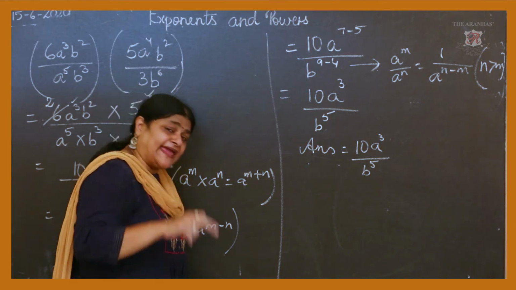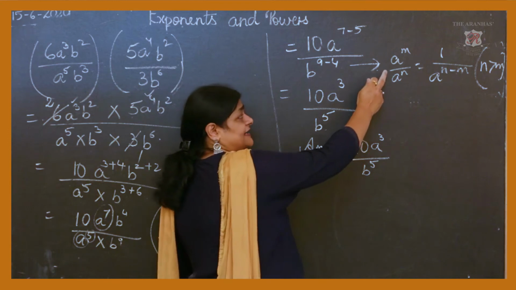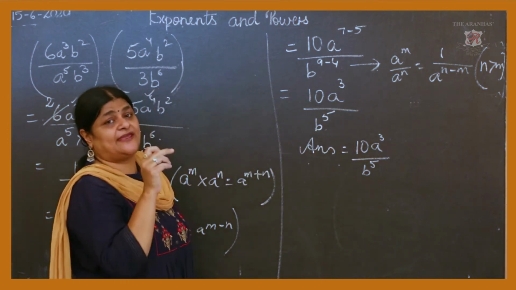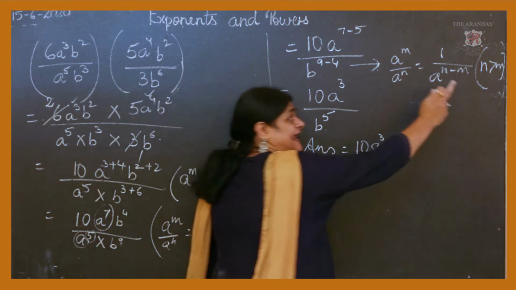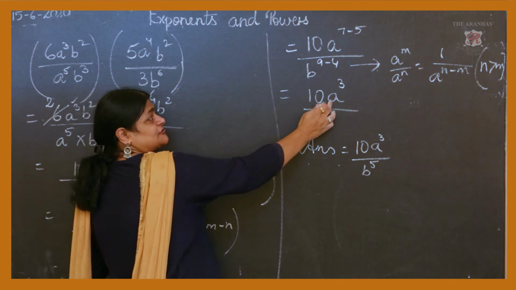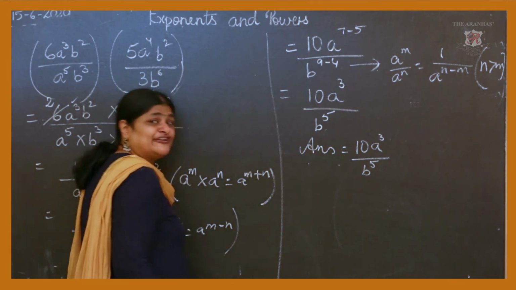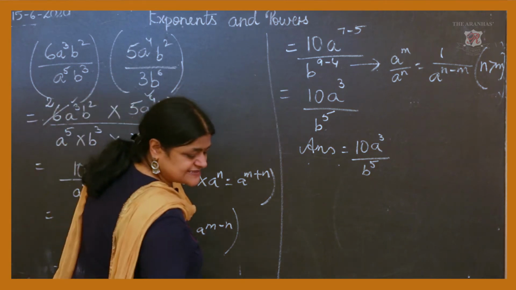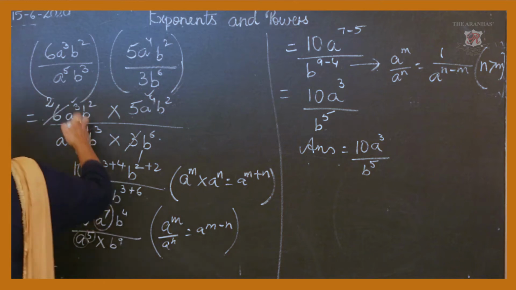Because here n is greater than m. So this formula a raised to m upon a raised to n is equal to 1 upon a raised to n minus m, that is, n is greater than m. So now here 10 a to the power of 7 minus 5 will give you 10a squared upon b to the power of 5. Okay, this is the answer which we have got.